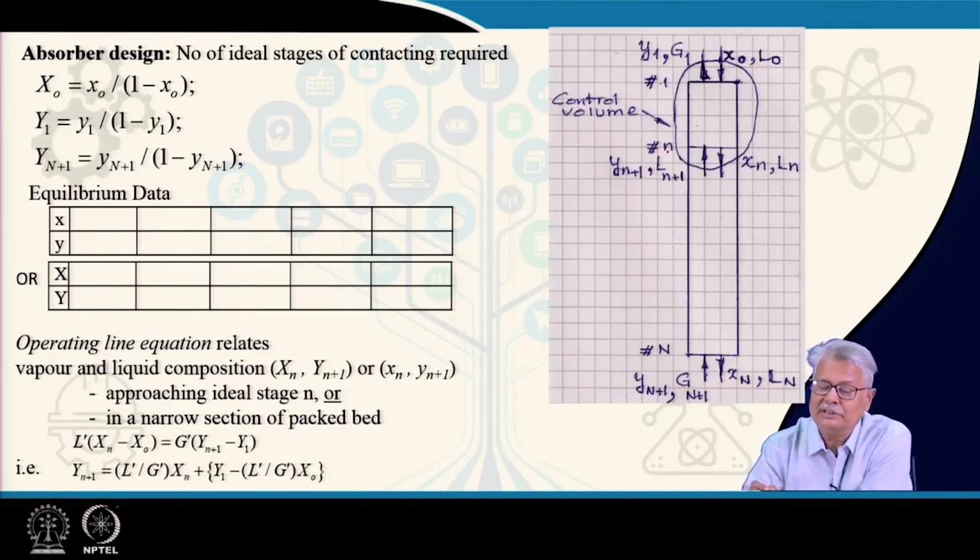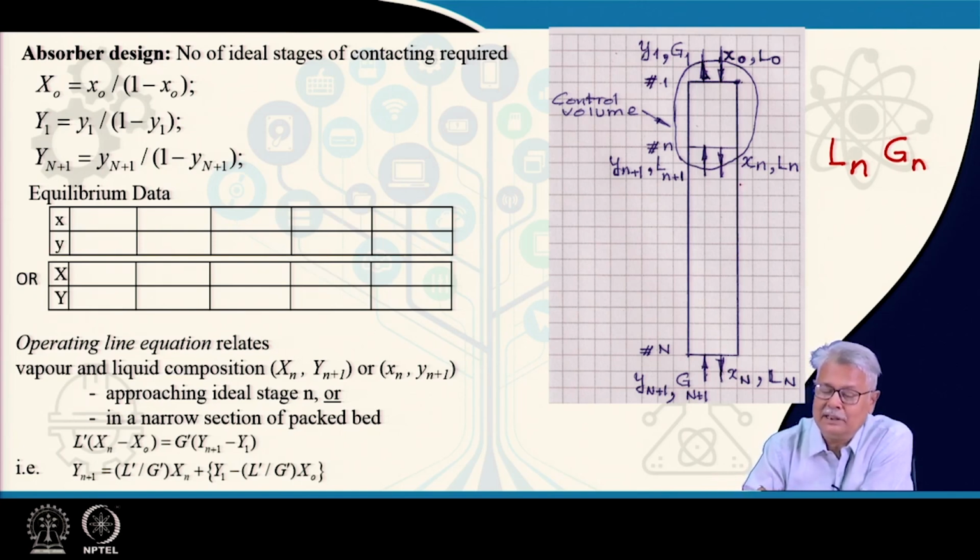The convention we follow is that the liquid falling from tray number n is Ln, and Gn is the gas leaving this particular stage.